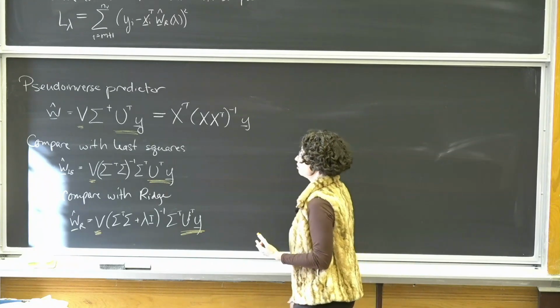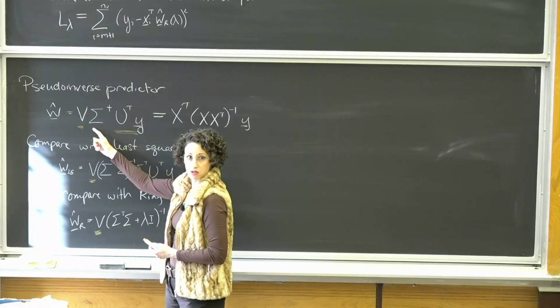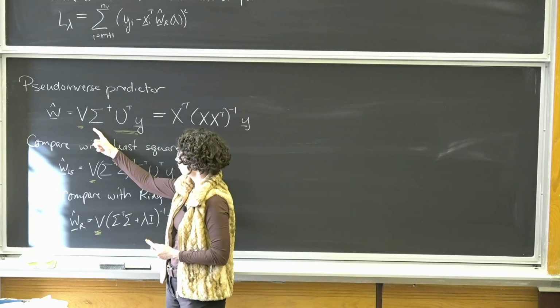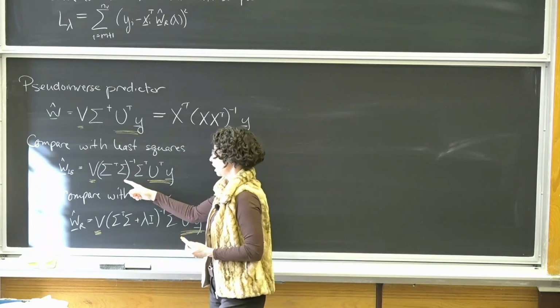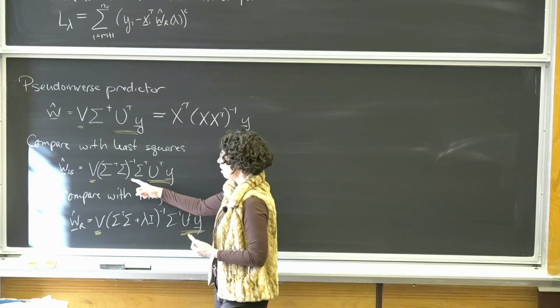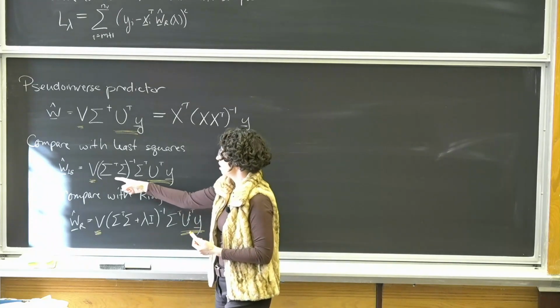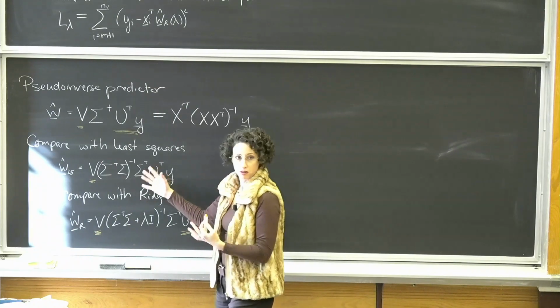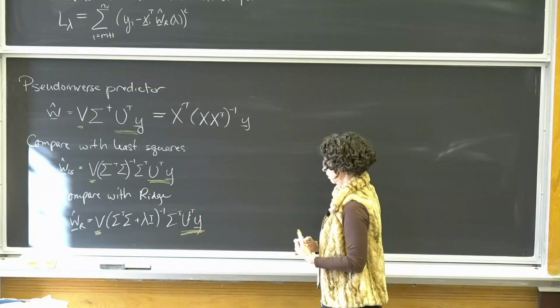So with the pseudo-inverse, we are only inverting the non-zero singular values. With least squares, we end up inverting all of the singular values, which is why we can't use it everywhere, because sometimes singular values are equal to 0, and when we try to invert them, we get major problems, as we talked about last class.